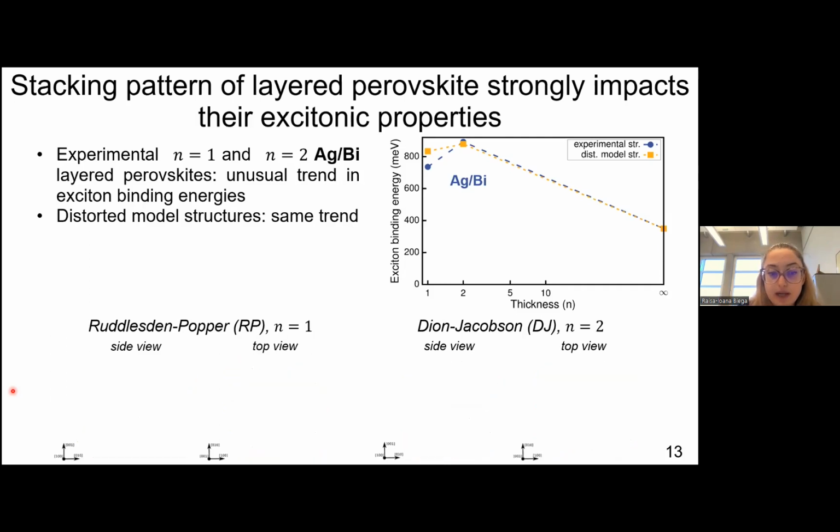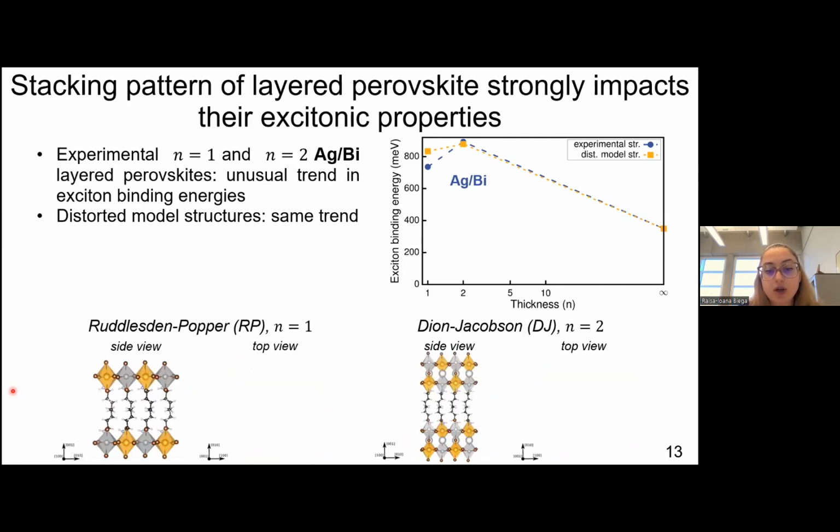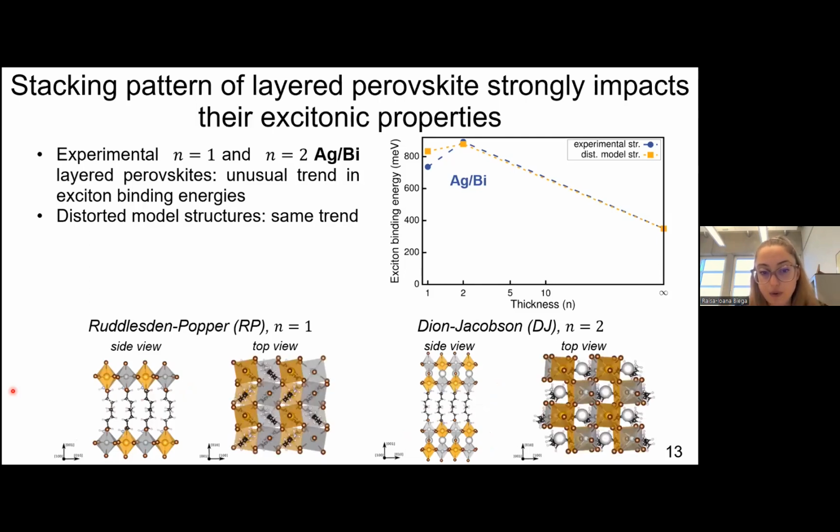And if we look at the experimental structures, from the side view we don't see much, but from the top view we actually see exactly the same thing. The n equals 1 is a Ruddlesden-Popper with a stripe pattern, while the n equals 2 is a Dion-Jacobson structure with a checkerboard-like pattern.